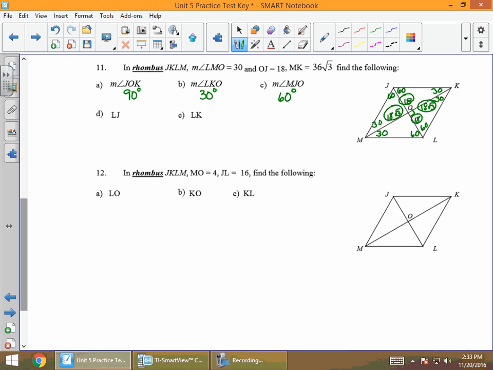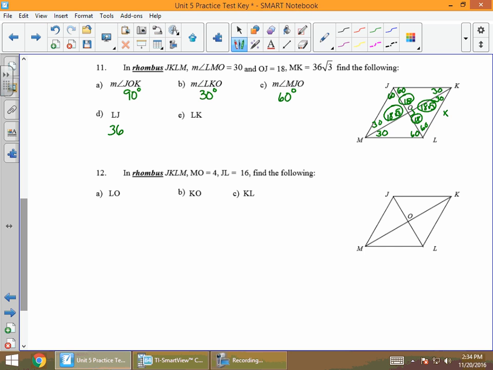The distance from L to J, that entire diagonal from L to J, the two pieces are 18 and 18. 18 plus 18 is 36. And then LK. LK is this little distance over here on the right side, which is the hypotenuse to a 30, 60, 90 triangle. And if you remember, last chapter we talked a lot about 30, 60, 90 triangles.